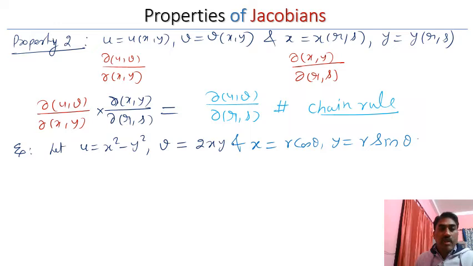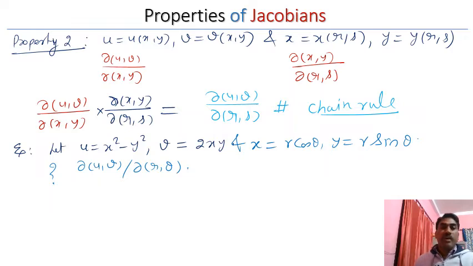So the requirement is to find the Jacobian of u and v with respect to r and theta. So you can see that you cannot directly find the Jacobian of u and v with respect to r theta, because you cannot differentiate u directly with respect to r and directly with respect to theta, and same for v.